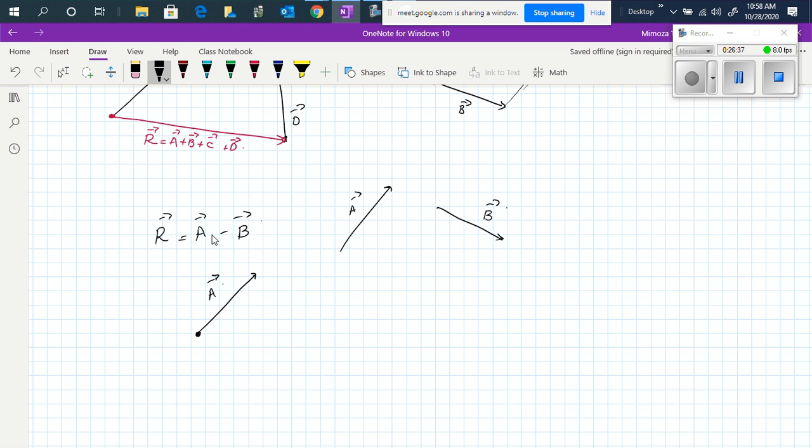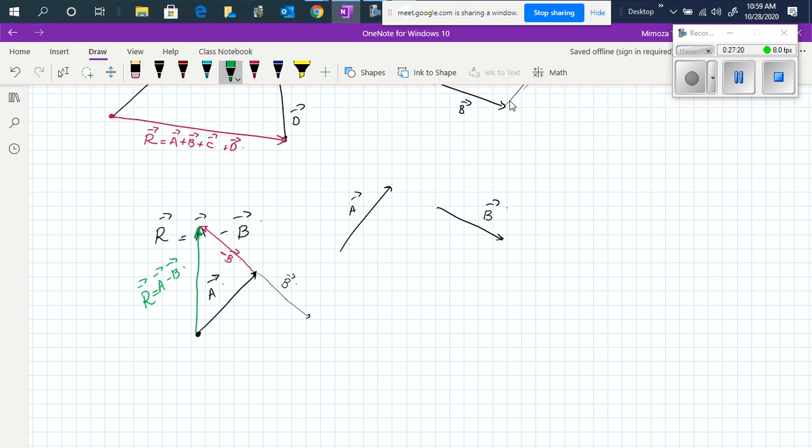So this is vector A. And then if we are doing the closed polygon method, then where vector A ends up, we will plot the negative vector B, which is the same as saying the opposite of vector B. So if vector B is going this way, the opposite of vector B will be going in this way. So this will be negative B. And then the resultant will be A minus B.